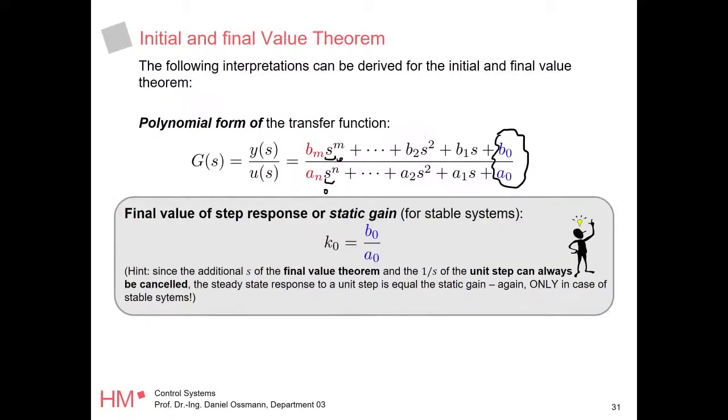This is called the static gain of a system, and it's equal to the final value of the step response, right? It's just a definition we like to use in control, because it's so helpful to have a dedicated variable in our transfer function. This is simply our static gain. Why is this important?